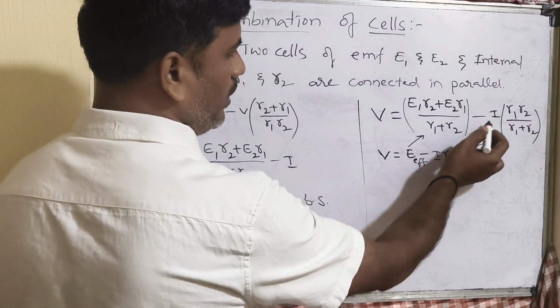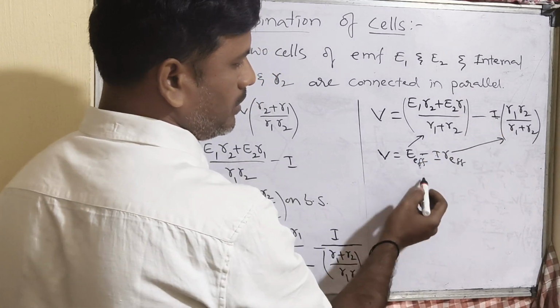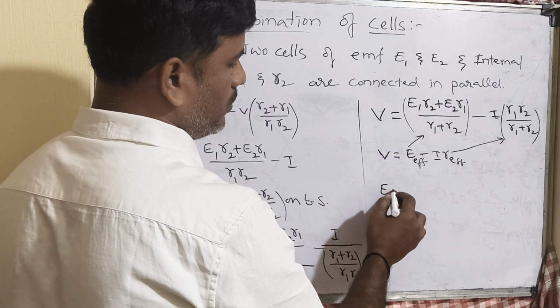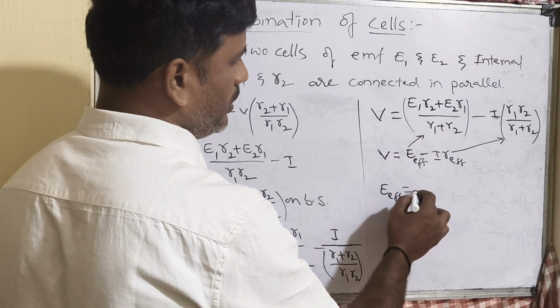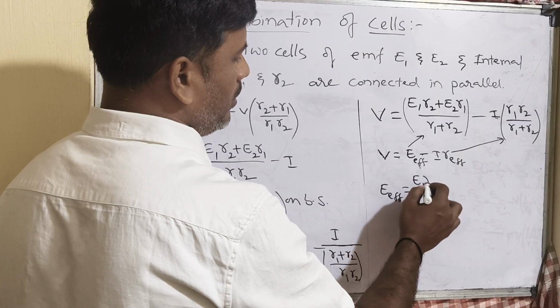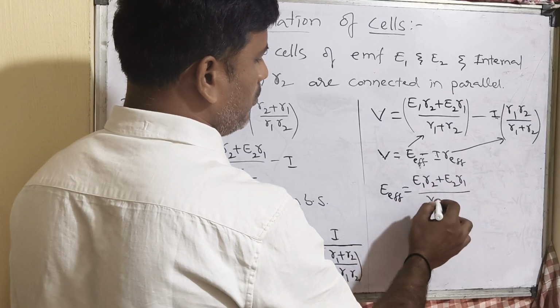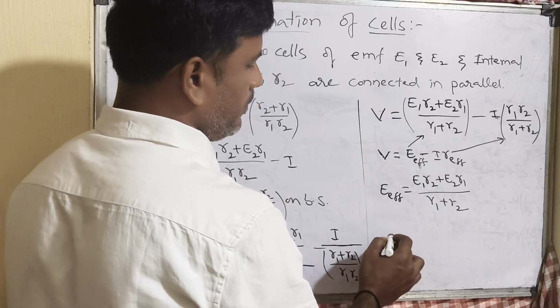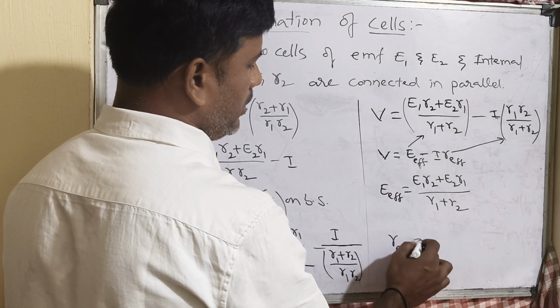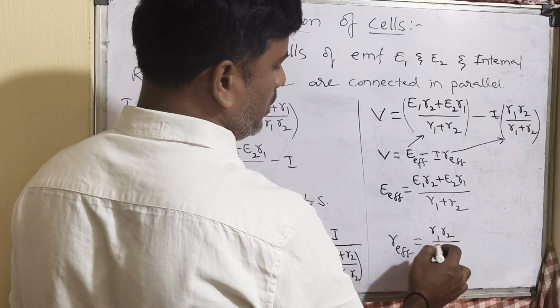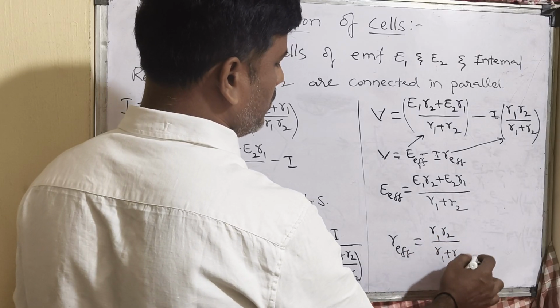The remaining common I, minus minus, V equal. The remaining term is what? So E effective is equal to E1 R2 plus E2 R1 divided by R1 plus R2. R effective, the effective internal resistance, is R1 R2 divided by R1 plus R2.